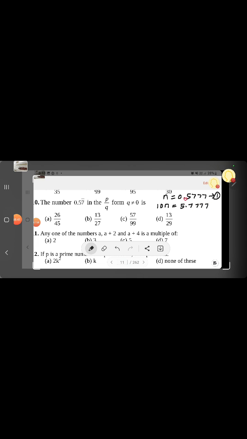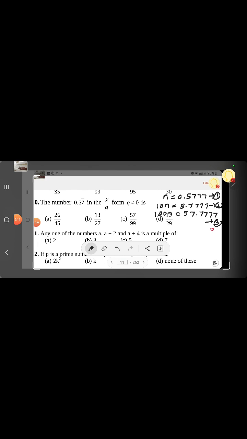Because here n is 0.577, 10 times n is 5.777. So now let's again multiply equation 1 by 100. So you get 100 times n is equal to 57.777. Now you consider this as another equation, let it be 2 and this be 3.